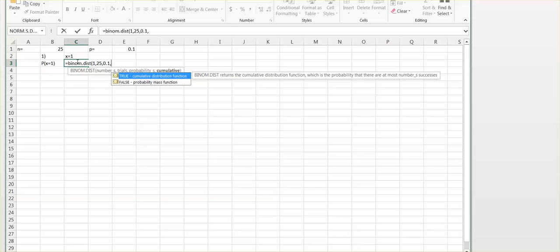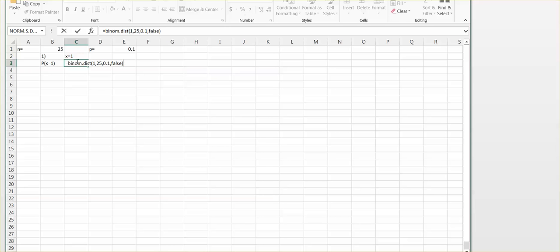As I mentioned, if we only calculate the value for one data point and it's not a cumulative distribution, then we type in FALSE, close the parenthesis, and press enter on your keyboard. And then you will get 0.1999416.